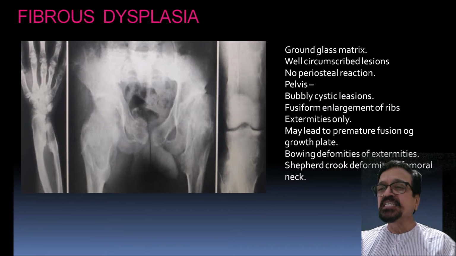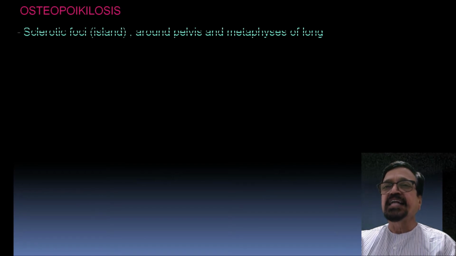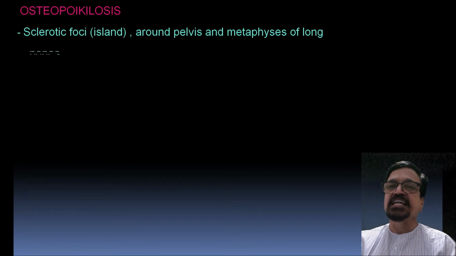Shepherd's crook deformity is seen because of the lesions. That is characteristic, and often that is the first thing we find, and then we diagnose fibrous dysplasia and look at other limbs and do a skeletal survey.